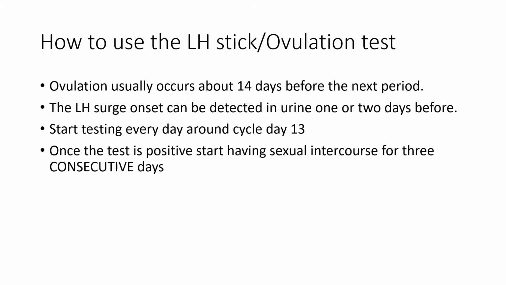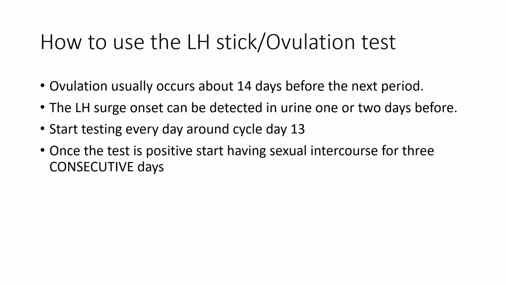So how to use the LH stick or the ovulation test? Ovulation usually happens about 14 days before the next period. So have the patient tell you the dates of the first day of the last couple of periods to see how long their periods are.